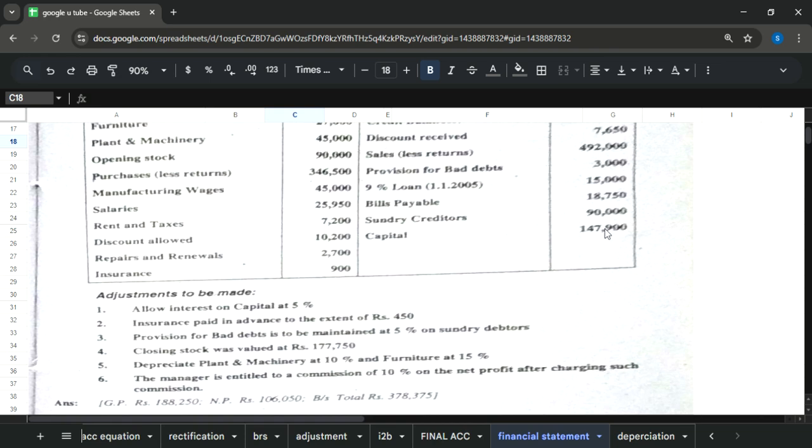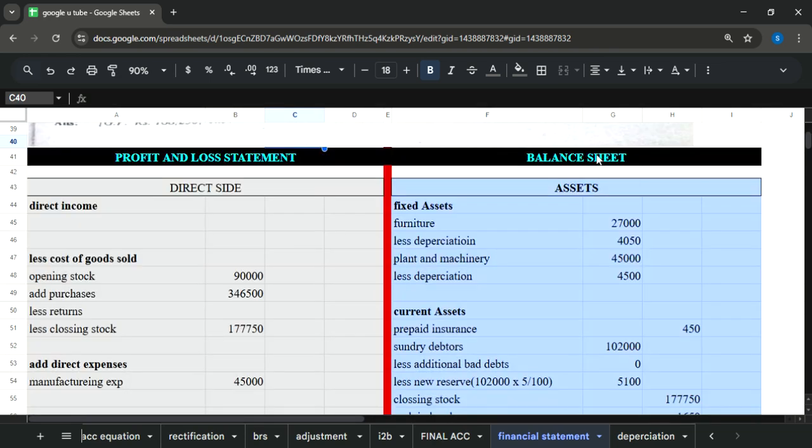After discount received, we have sales 492,000. So you can write 492,000. And you have seen that sales are given after deducting returns. So there are no returns. The final amount is 492,000.